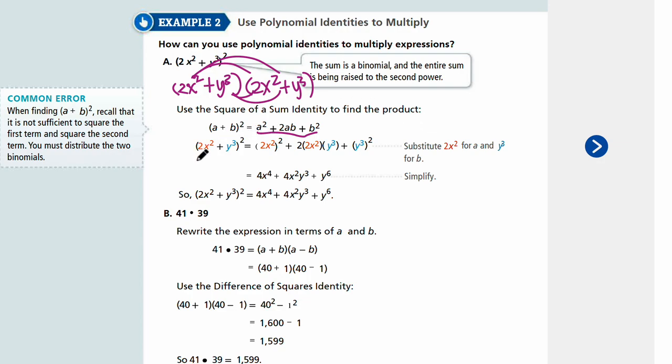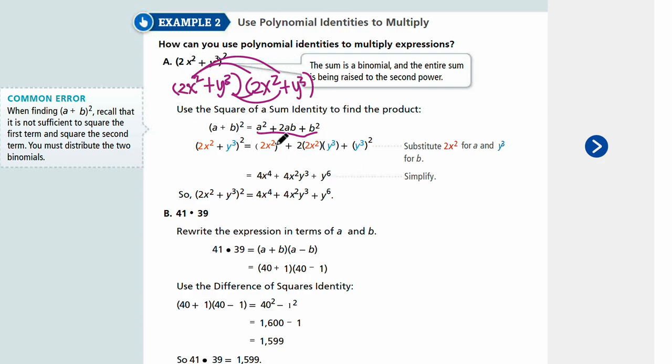So a is 2x squared, so you put (2x squared) squared plus 2 times ab, so 2 times 2x squared times y cubed, and then plus b squared, so (y cubed) squared, and then you just simplify. Then you have much fewer steps than multiplying them out one by one and then combining like terms.